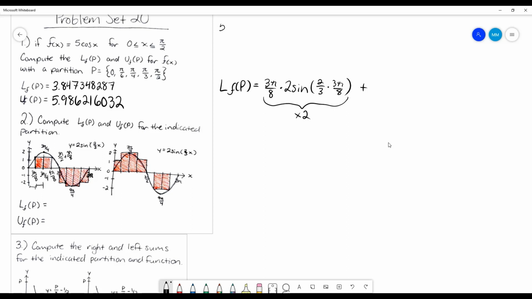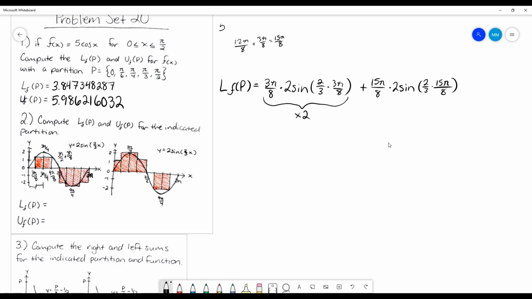That's an interesting distance. Shoot. 3 pi over 2, so it's 12 pi over 8 plus 3 pi over 8, 15 pi over 8. Okay. 15 pi over 8 times 2 sine 2/3 times 15 pi over 8.